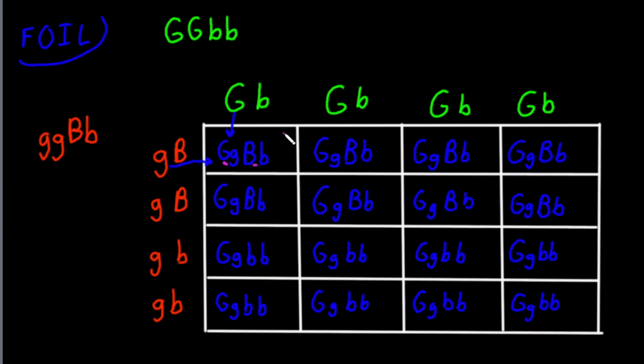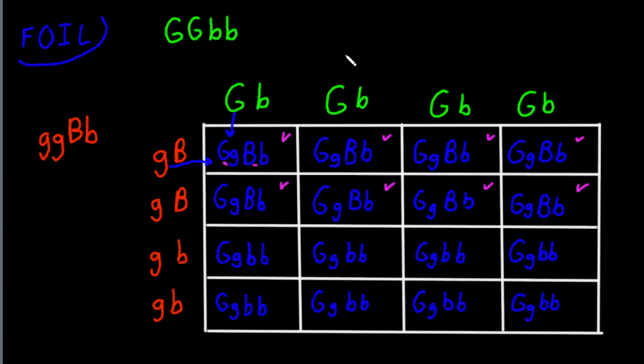So there's 1. Okay, gray fur, black eyes, 2. Gray fur, black eyes, 3, 4. Capital G, capital B, gray fur, black eyes, gray fur, black eyes, gray fur, red eyes, so that one doesn't go in our count, and all the rest of these are gray fur with red eyes.